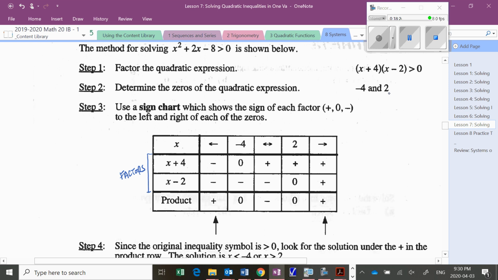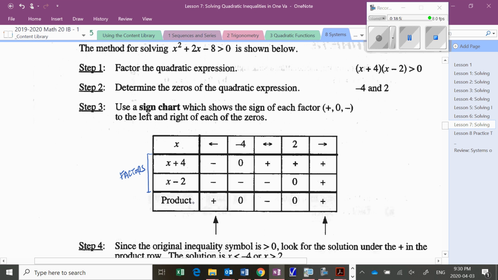Similarly, if I put in the other root, the x-intercept, which is 2, into the second factor, that gives me 0. If I substitute in anything less than 2, like 1 minus 2, 0 minus 2, negative 5 minus 2, it's going to give me a negative. Put in a value greater than 2, and it's going to give me a positive.